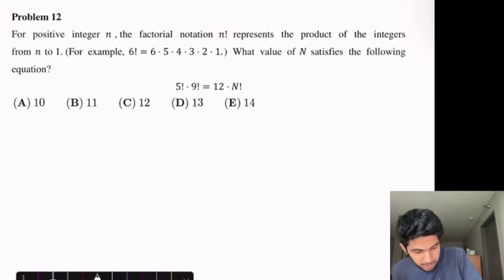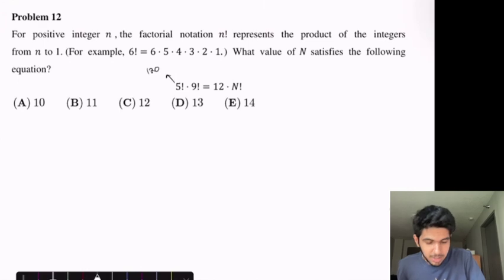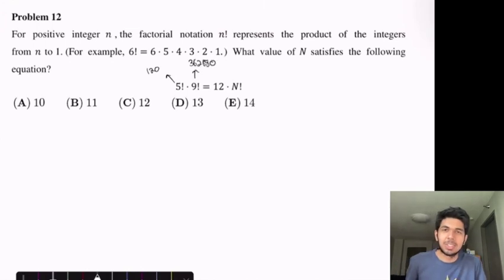For example, 5 factorial is just 120, but 9 factorial is 362,880. So your first step would have to be first computing these factorials, and then you have to multiply these two numbers together, 362,880 times 120, which just seems like a lot of work.